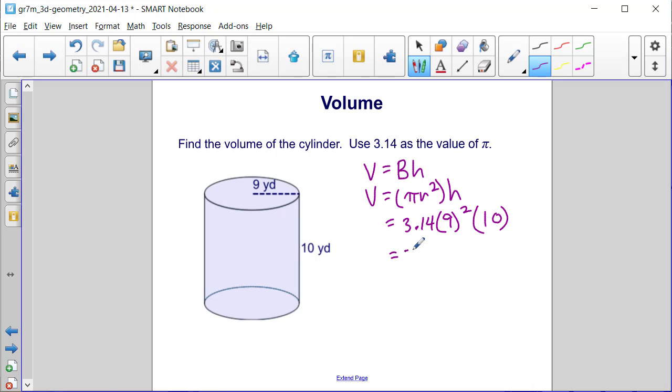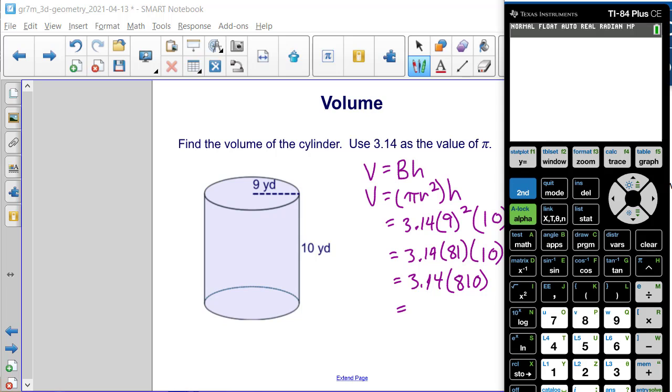So then we're going to have 3.14 times 81 times 10. We can multiply 81 and 10 together to get an easier number to work with, which is 810. And we can do that because multiplication is also commutative, like you can multiply in any order you'd like.